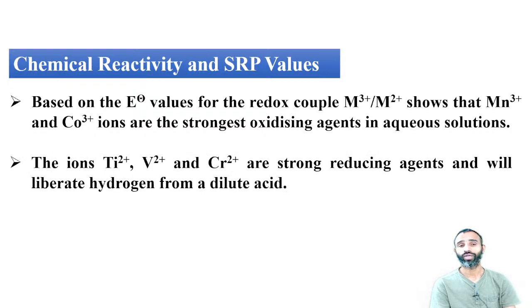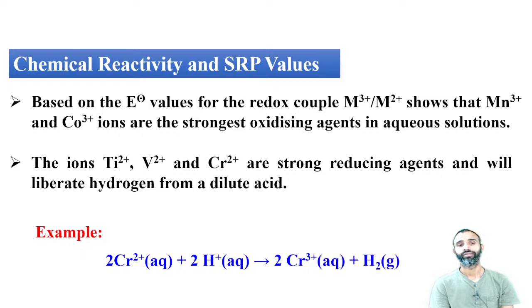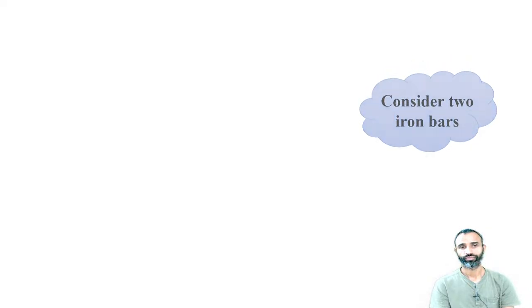Titanium 2+, vanadium 2+, chromium 2+ are strong reducing agents, and that's why they can liberate hydrogen from dilute acid. So see, chromium 2+ is converted into chromium 3+, H+ into H2.